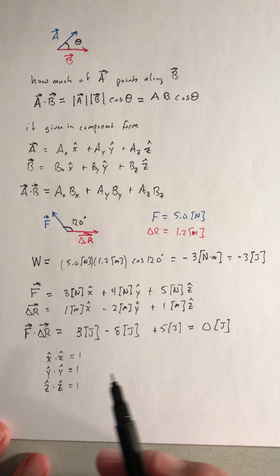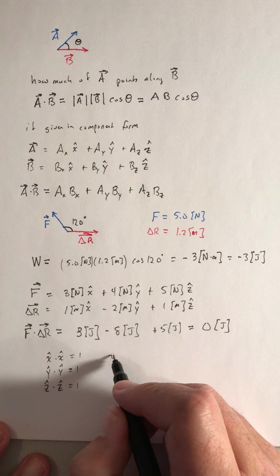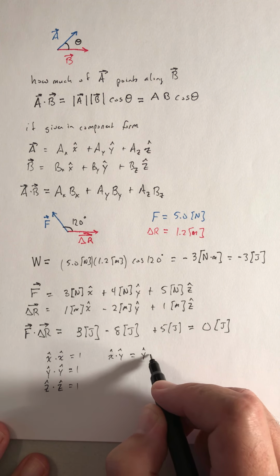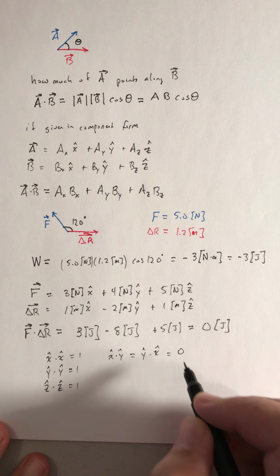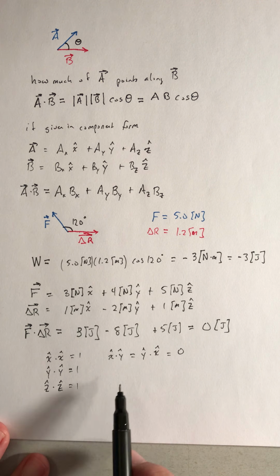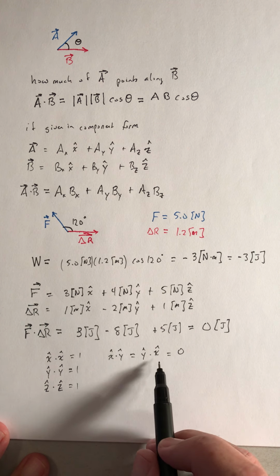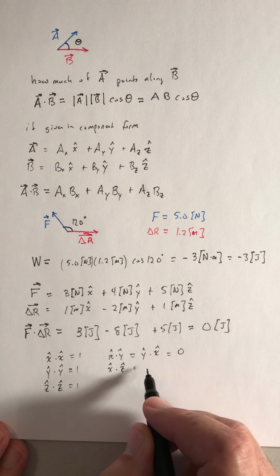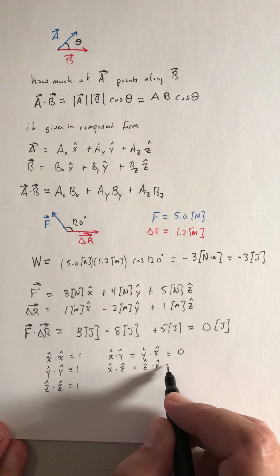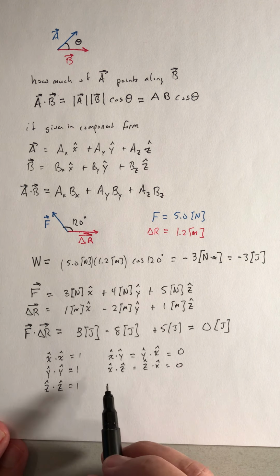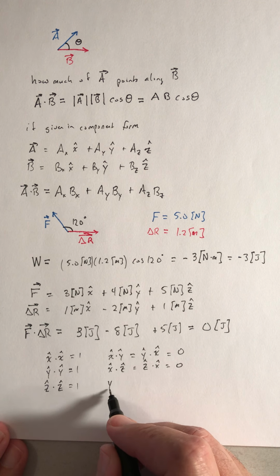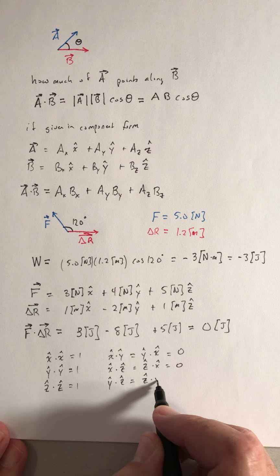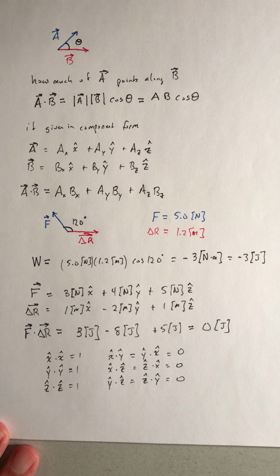So x points along the x direction and so forth. x hat dot y hat is equal to y hat dot x hat is 0. No part of x points along y. No part of y points along x. x hat dot z hat is equal to z hat dot x hat is equal to 0, because x and z are perpendicular. And then lastly, y hat dot z hat is z hat dot y hat equals 0.